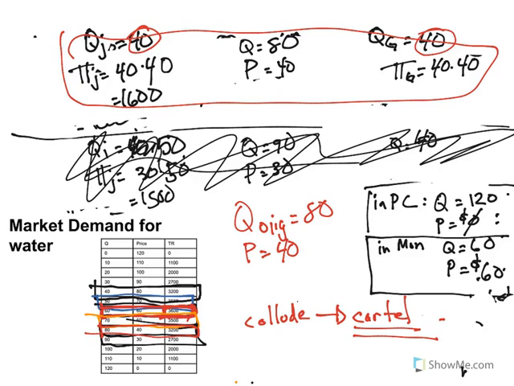Did we end up where we predicted? Did we end up with a quantity that was between 120 and 60? Sure enough, we did. Did we end up with a price that was between 0 and 60? Sure enough, we did. Right? So this motivates the strategic behavior that is used by oligopolies to figure out what to do.